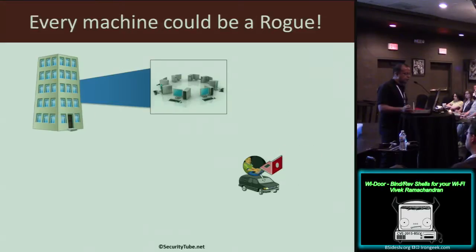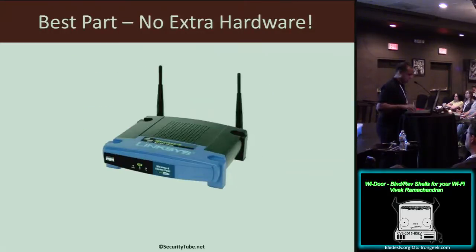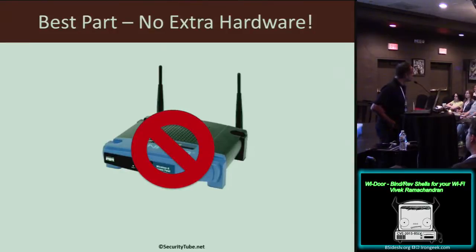Now, with hosted networks, every machine is actually a rogue AP. And keep in mind that a hardware rogue AP would have to be connected to the switch port, which means you could always figure out which ports are active, look at the MAC addresses and a bunch of things, and maybe even figure it out. Here, you're tunneling through one of the laptops or workstations with Wi-Fi access. The best part, you save money on hardware. It's always good.